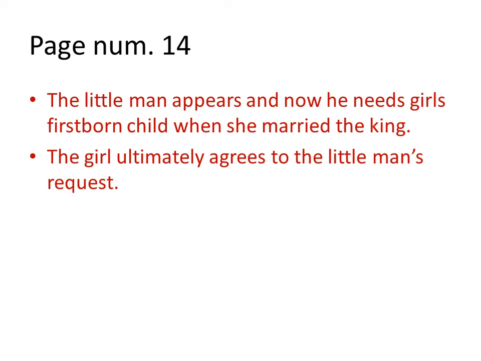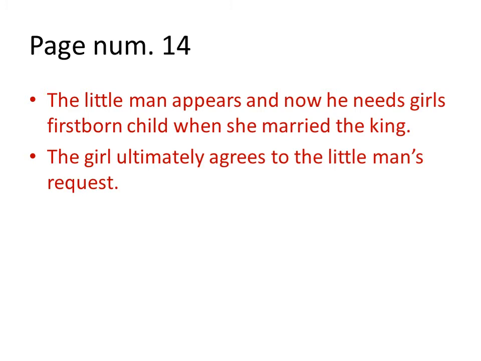Now we are on page number 14. Here again the little man appears, and now he needs the girl's firstborn child when she marries the king. So how did he ask? Once again, as soon as the king had left, the strange little man appeared.